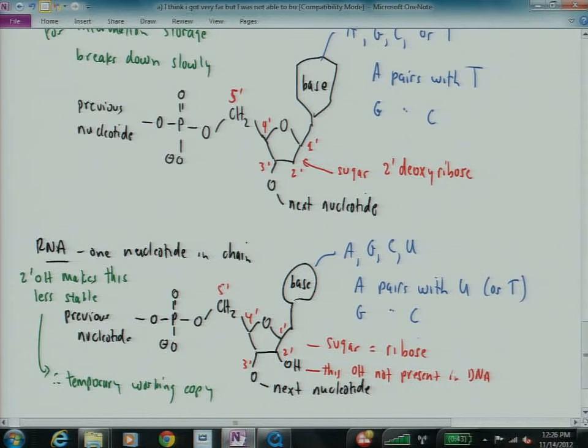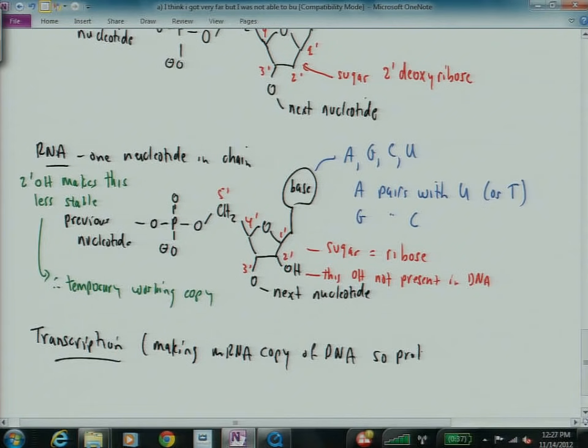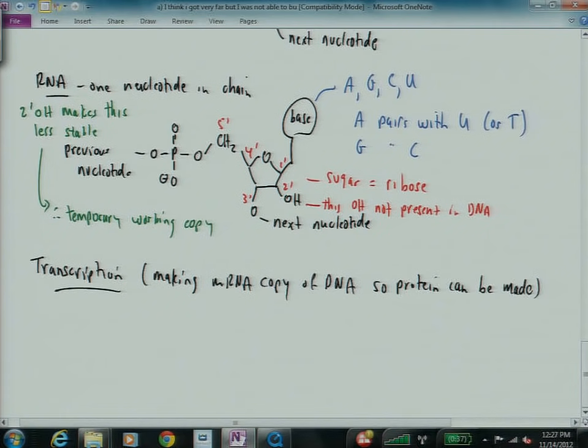So what I want to talk about now is actually some of the details of transcription. That is a reminder, making an mRNA copy of DNA so protein can be made. And so that's the goal of this.